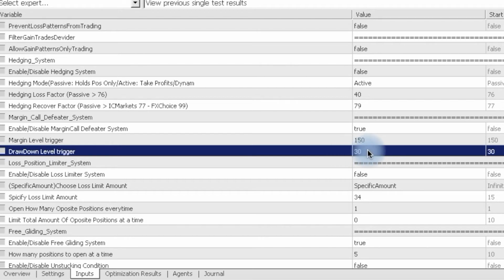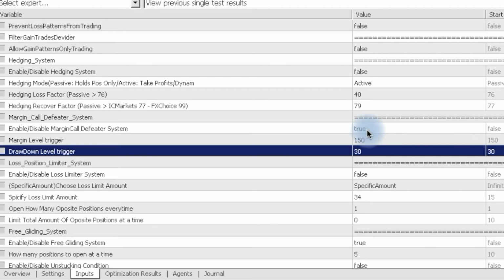So if they reach $30 in minus, say I opened a buy at 1,800, and then the price goes to 1,770. That means it dropped 30, not in my favor. I'm actually losing. Then this system will kick in and will open a counter position.